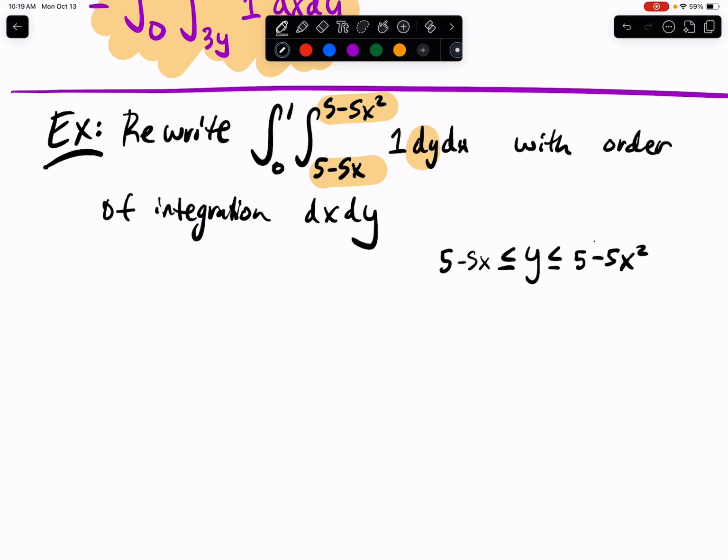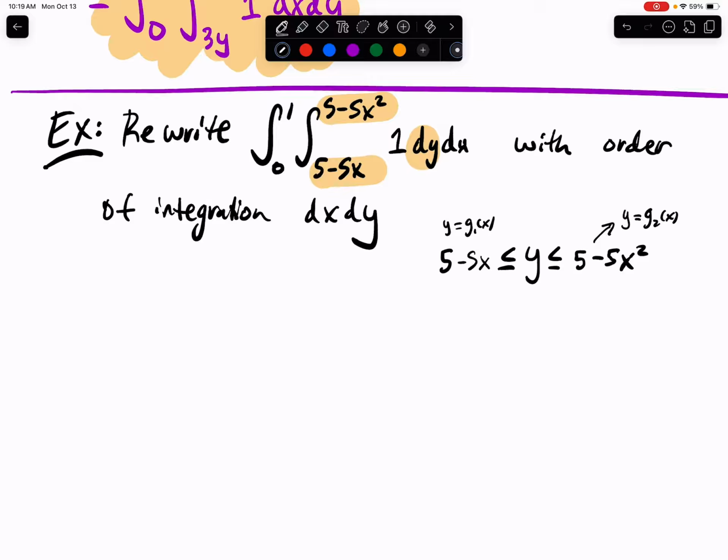So remember, this is y equals g2 of x. This is y equals g1 of x. Okay, y is a function of x for these from curve to curve here.